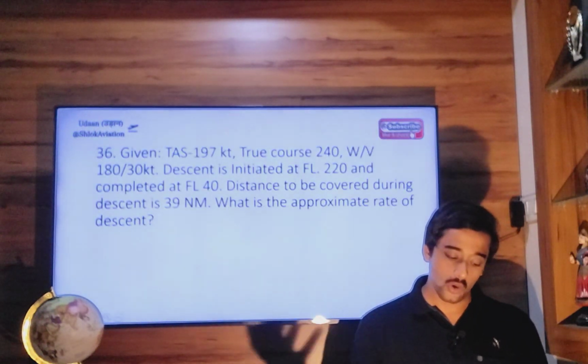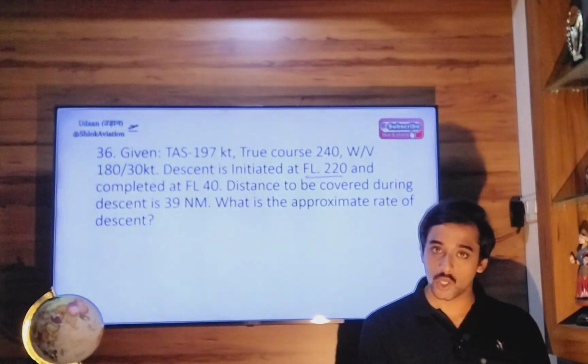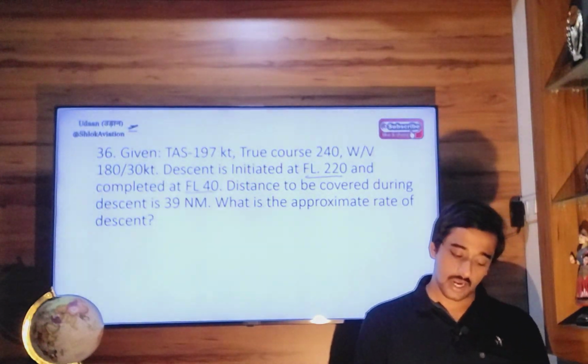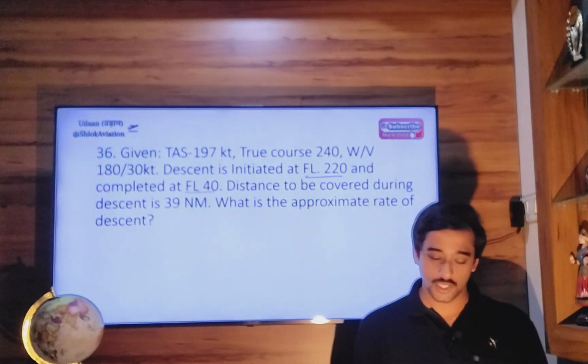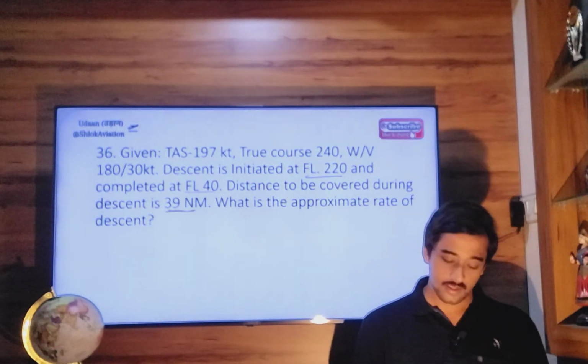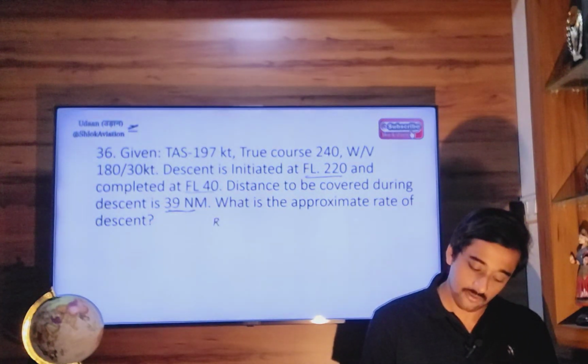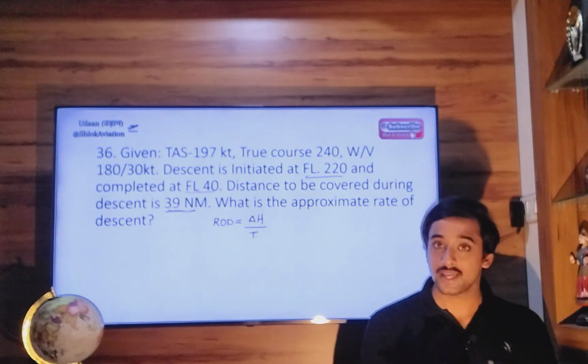Next, TAS, course, winds are given. Descent is initiated at flight level 220 and it is completed at flight level 40. Distance to be covered during descent is 39. What is the approximate rate of descent? Rate of descent equals change in height divided by the time taken to make that change.